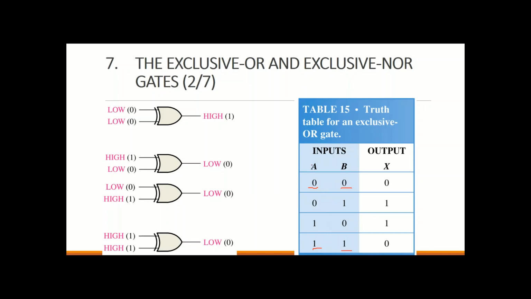When the inputs are at the same level, then the output is 0. That's how it senses it. If the inputs are not at the same level, 0, 1 or 1, 0, then the output is 1. It takes it exactly the opposite way. If the inputs are at the same level, the output is 0, otherwise it is 1. Alright.